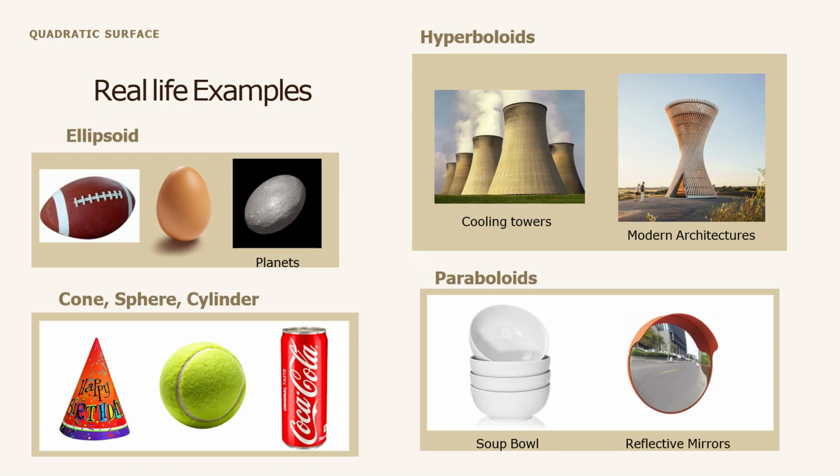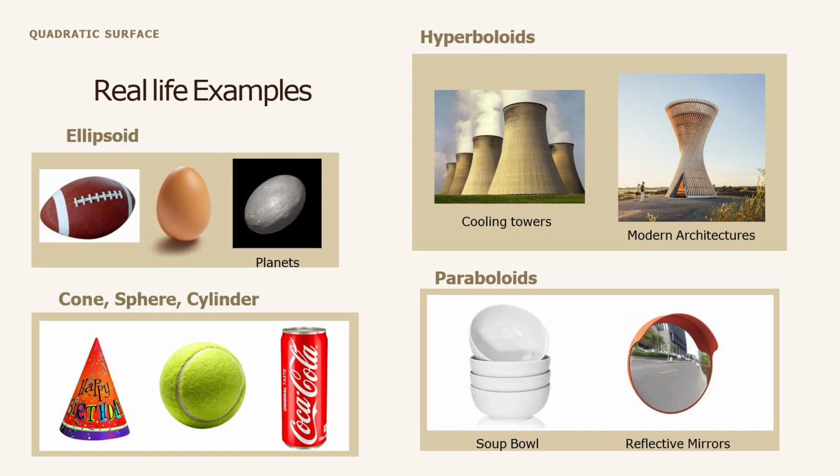Now, this slide introduces different quadratic surfaces and their real life applications. Ellipsoids are used to model planets and bounding volumes. Hyperboloids are commonly seen in cooling towers and modern architecture. Paraboloids are used in satellite dishes, telescopes, and reflector mirrors because they efficiently focus signals and light.